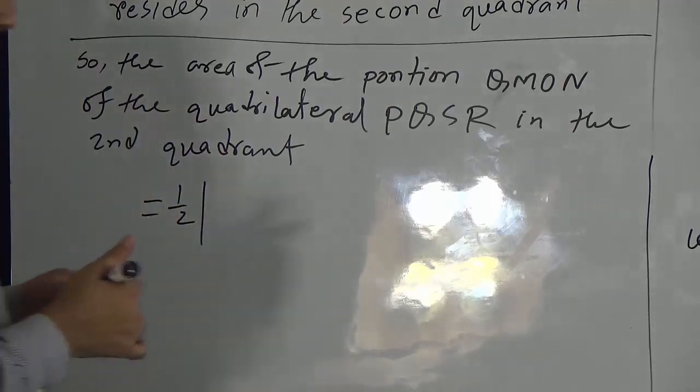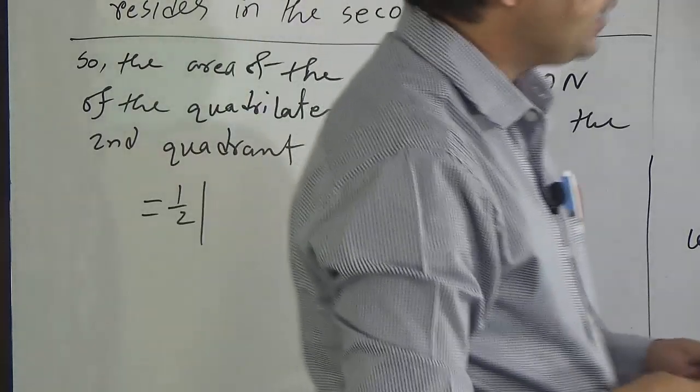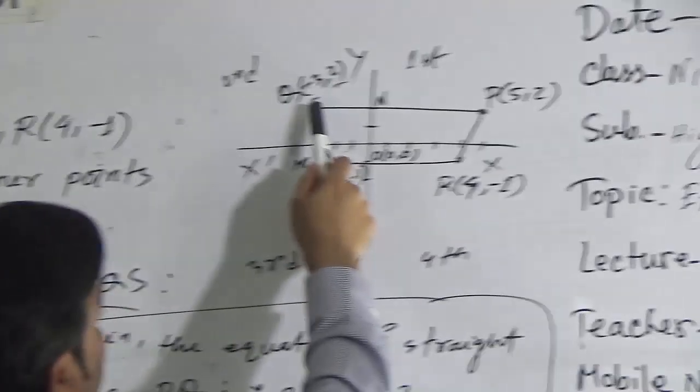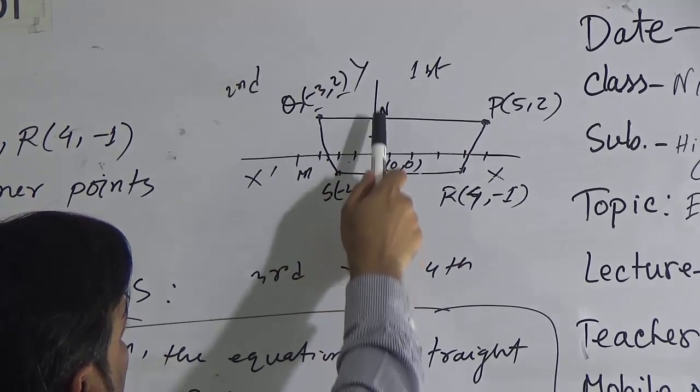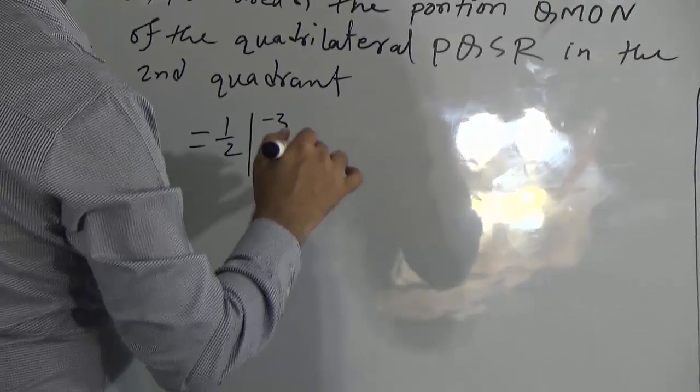We have to take the points anti-clockwise to determine the area. At first we can take Q, M, O, N. Here the coordinates of Q are minus 3, 2.